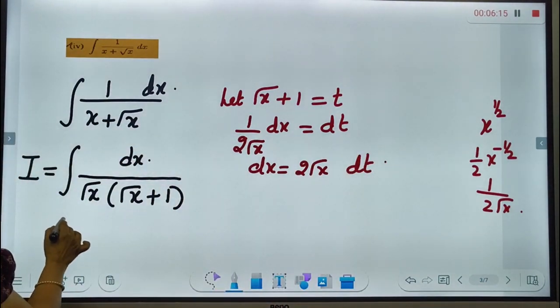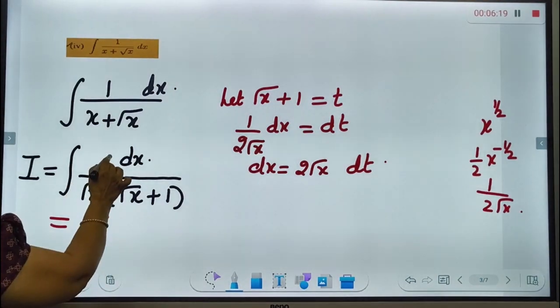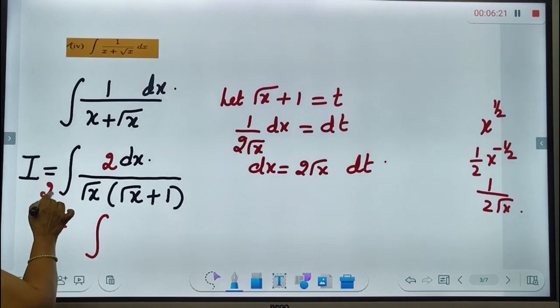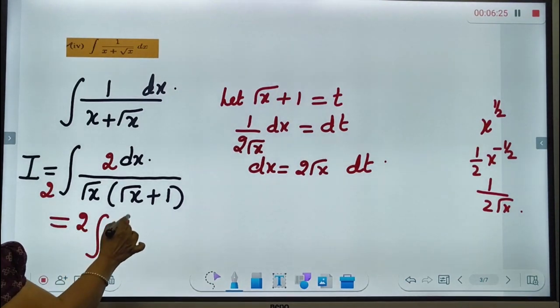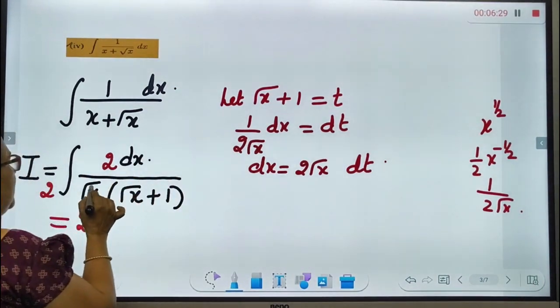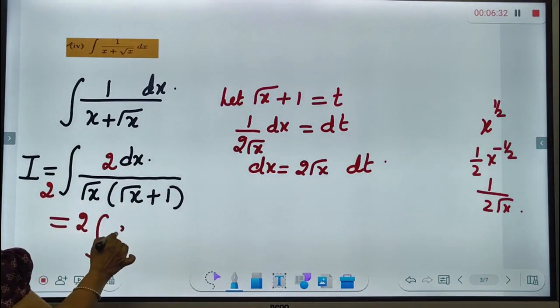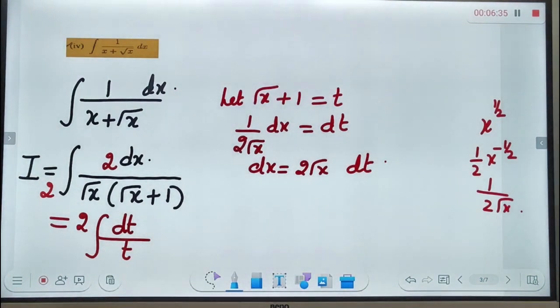So, when I substitute here, I am going to multiply and divide by 2. So I will get 2 times dx by 2 root x, which will be dt, by root x plus 1, which is t.